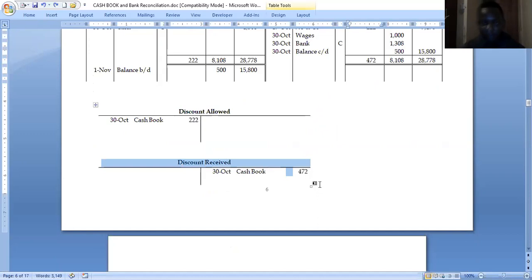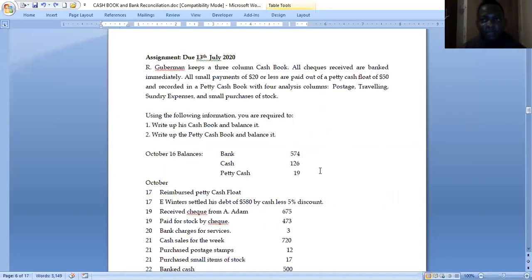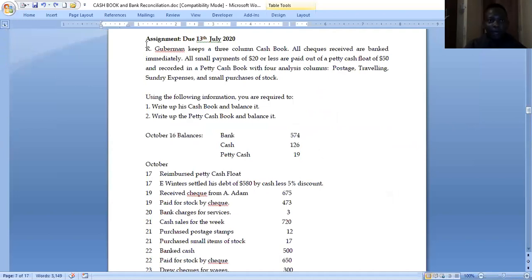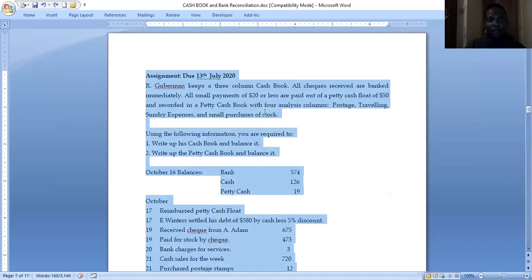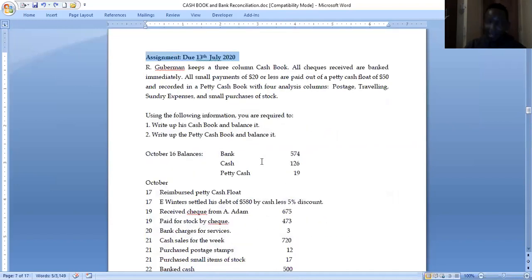Yes, 472. And then, ladies and gentlemen, we have an example, an assignment there. I will post it. It's due on 13th July 2020, that is in a week's time. So please work on this example.